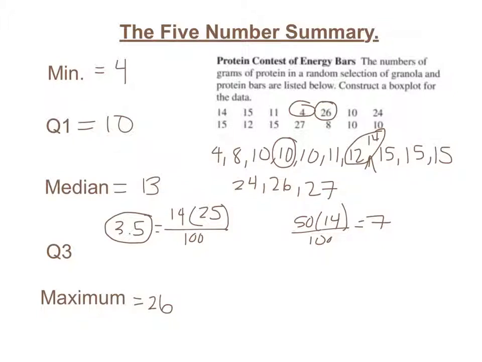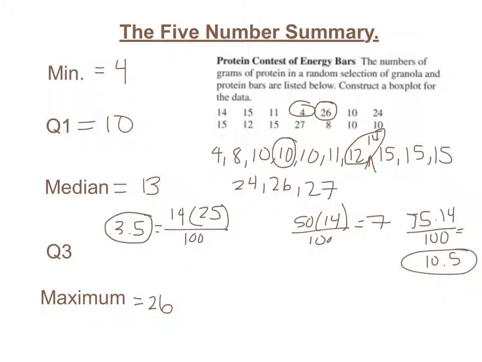Then for Q3, we take 0.75 times 14 over 100. And then we get 10.5.